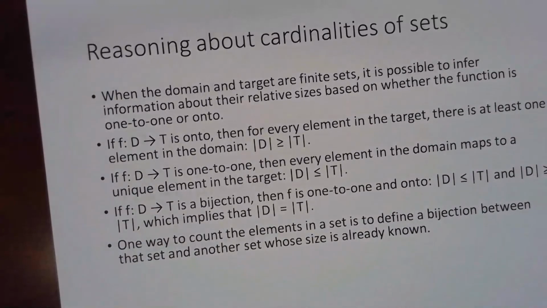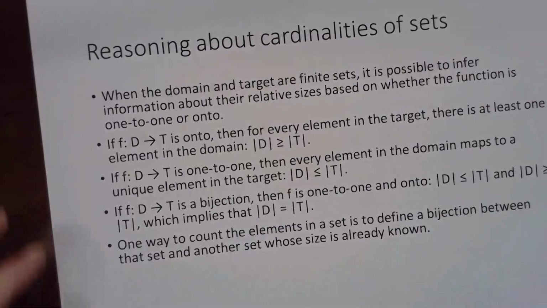All right. So we can also use these kinds of characteristics of functions, like looking at the domains and the targets and seeing if a function is one-to-one or onto, to infer the relative sizes of the domains and the targets. This comes up a lot in counting, and I'll show you one cool counting thing that maybe will blow your mind if you've never seen it before.